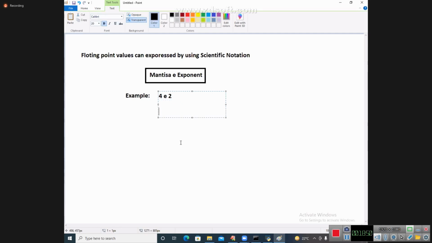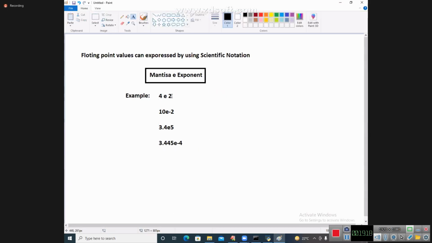Or I will write something like 10E minus 2. Like that you can take 3.4E5, or something like 3.445E minus 4. Like this I can write it. These are all called scientific notation.